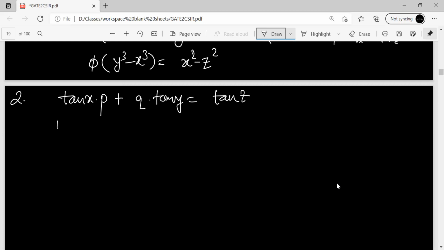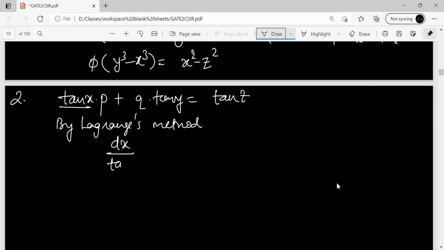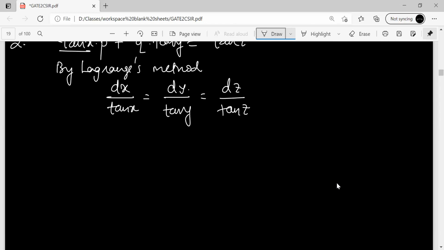So simply we will say by Lagrange method, I'm getting dx over, this is my p, okay, capital, simply tan x, equal to dy over tan y, equal to dz over tan z. So all you can do is, or in fact you can convert this tan and write down cot. So it will be cot x dx equal to cot y dy equal to cot z dz.